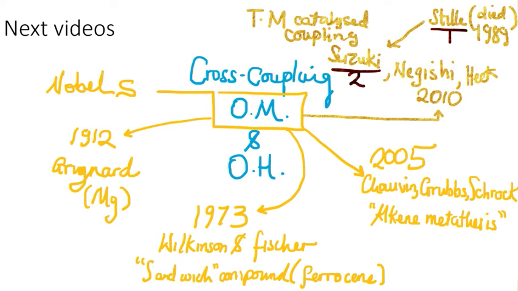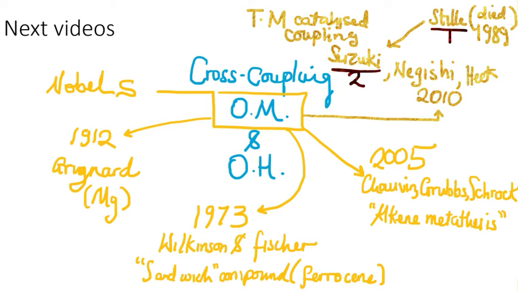So that's about it for this particular video. Hope you're able to understand the basis of cross-coupling, organometallics and organohalides, and what the key components are that are required to accomplish cross-coupling, which involves, don't forget, the bringing together of two R groups to form a new sigma bond and producing a metal halide as the product.